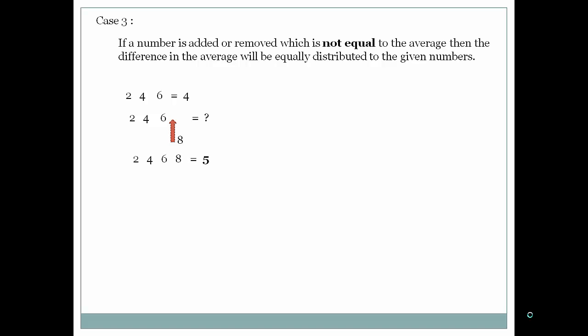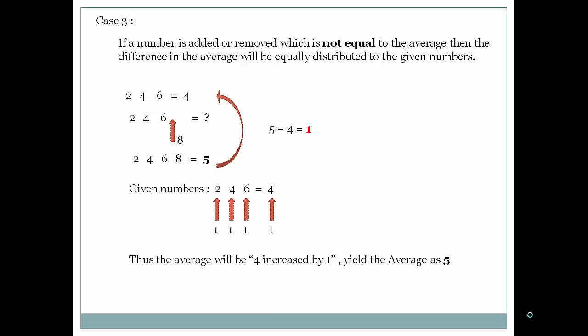So 2, 4, 6, 8 will give you the average 5. So the difference between the averages, 4 and 5, is 1. I am going to distribute this 1 to the given terms. So 2 becoming 3, 4 becoming 5 and 6 becoming 7 will give you the average 5.